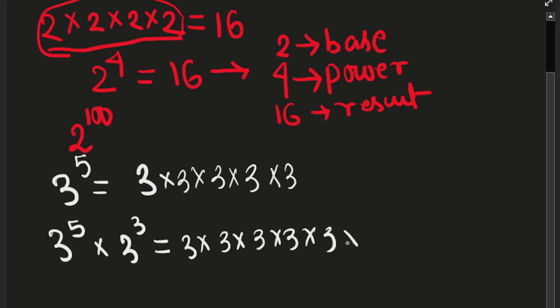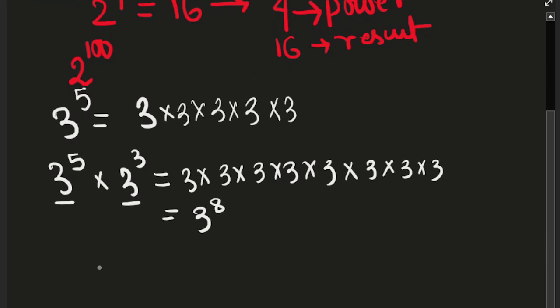And 3 cube value is also 3 into 3 into 3. Now see, how many times 3s are there? 8 times. 1, 2, 3, 4, 5, 6, 7, 8. So the answer of this will be 3 to the power of 8. See here, 3 to the power 5 multiplied by 3 cube will be 3 to the power 8.